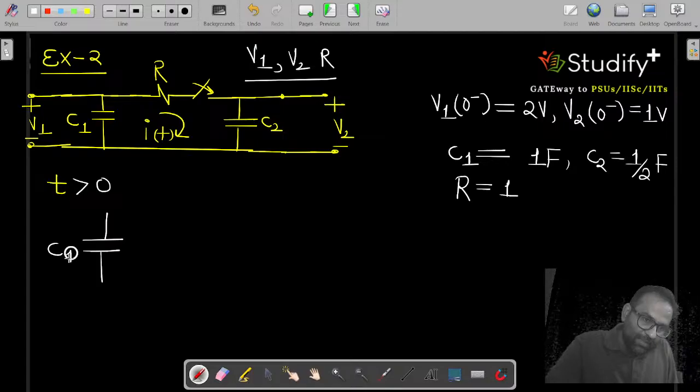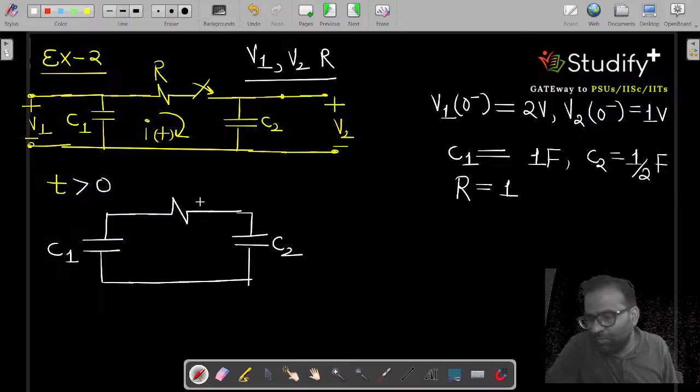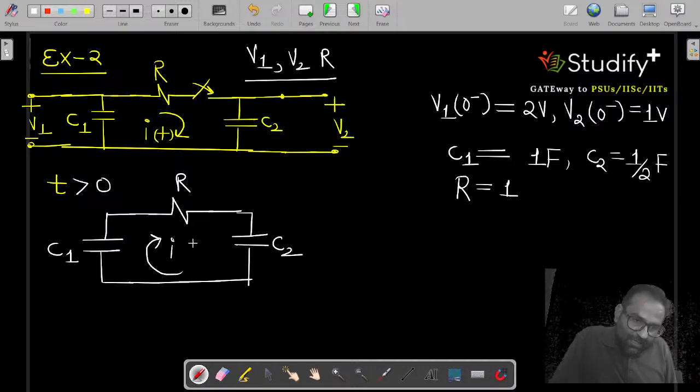This value is C1. This value is C2. And this value is R. And let's say this current is IT. So we are applying one KVL.